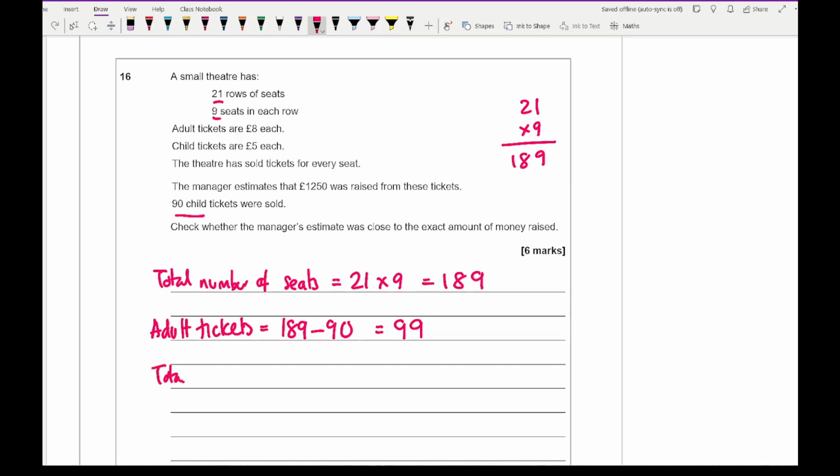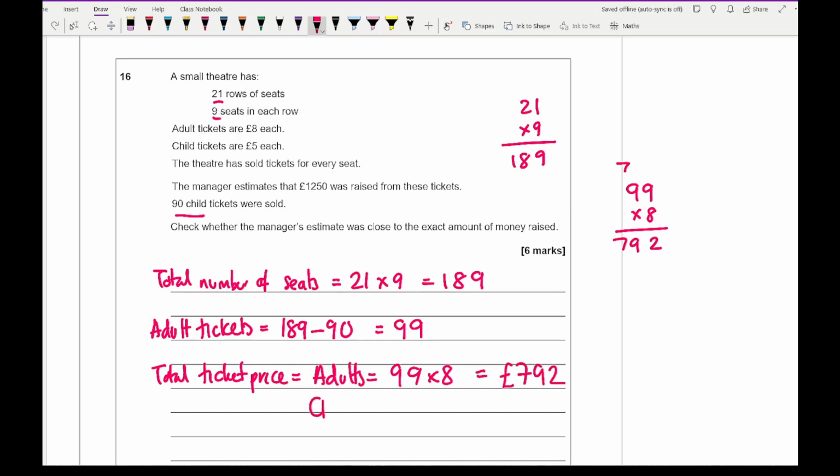So then from this, we need to work out the total ticket price. So for adults there were 99, so it's going to be 99 times 8. So if I just do 99 times 8 here, that becomes 72, and then we've got another 72 plus 7 gives me 79, so that's going to be 792.